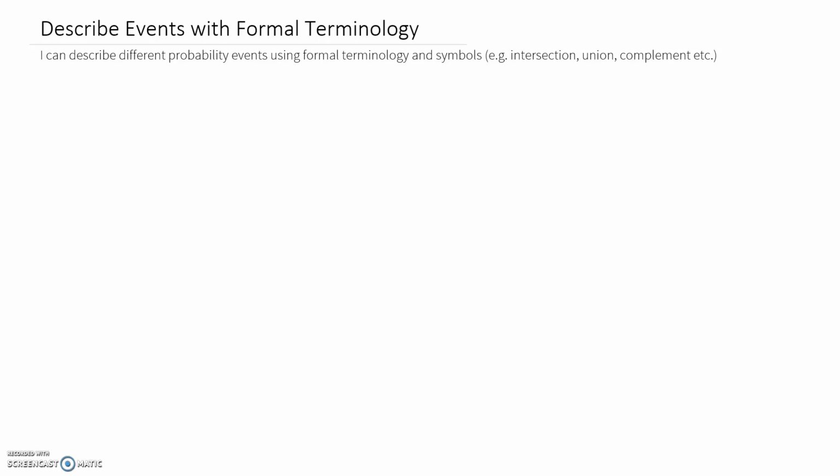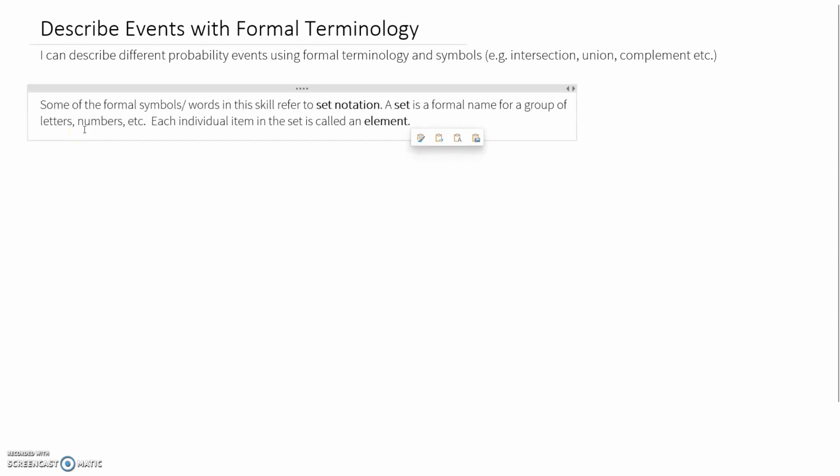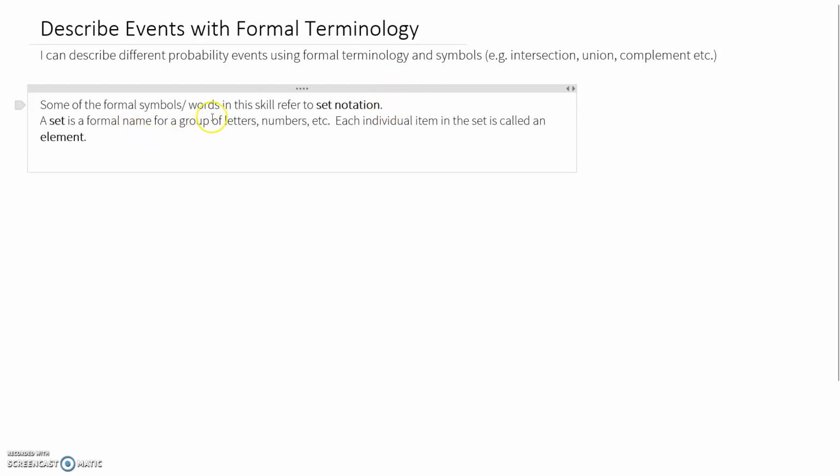And really importantly, in this skill, we're going to be using a lot of set notation, which you have seen before when we did sample spaces, but we're going to look at it a bit more formally today. So just to get the words out of the way, a set is just a formal name for a group of letters, numbers, or anything else.